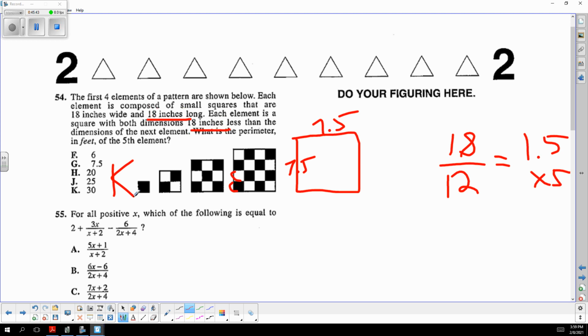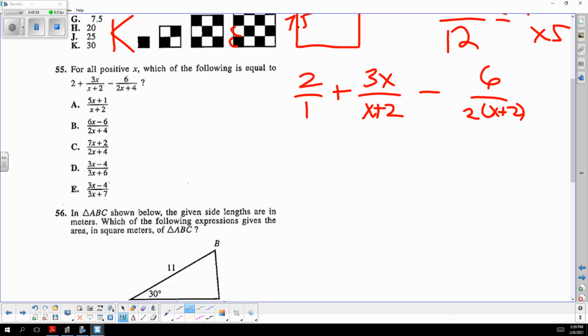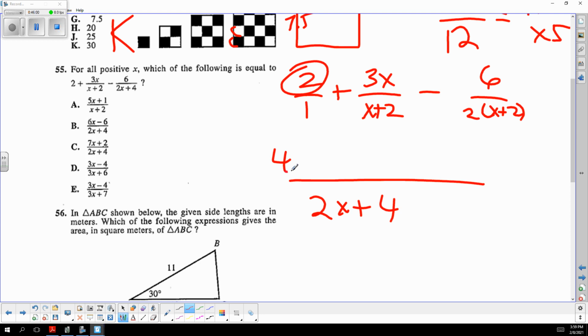Common denominator is 2x plus 4, because the 2 comes out of here. So you have to multiply this one by 2x plus 4, and that gives you 4x plus 8. This one just gets a times 2, and this one gets nothing.